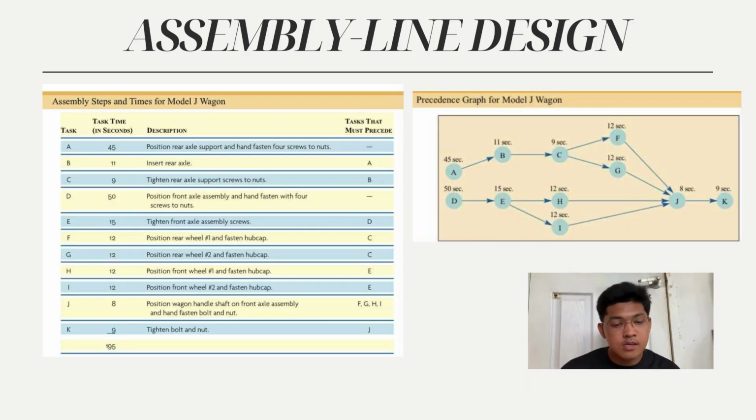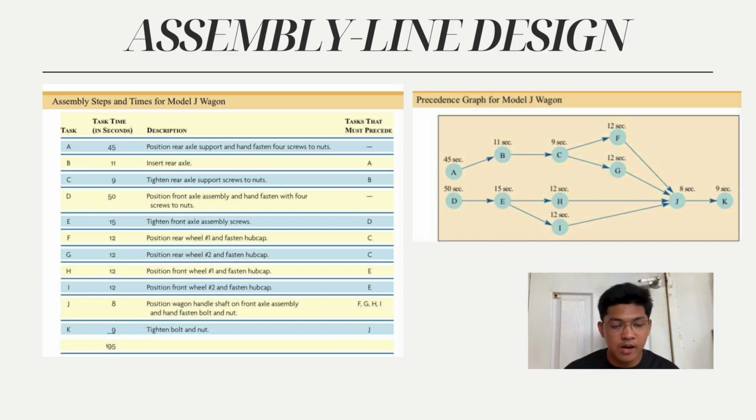The assembly steps and times for the Model J Wagon. In the table in my PowerPoint, you can see the task and time, description, and the tasks that must precede.